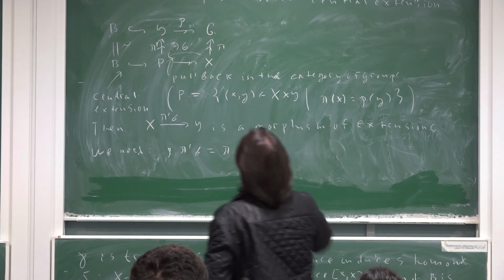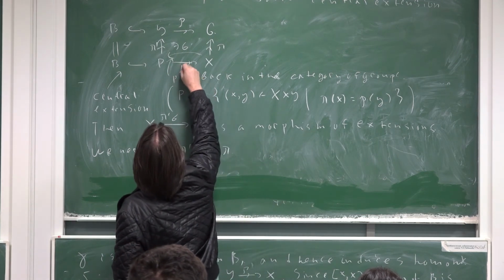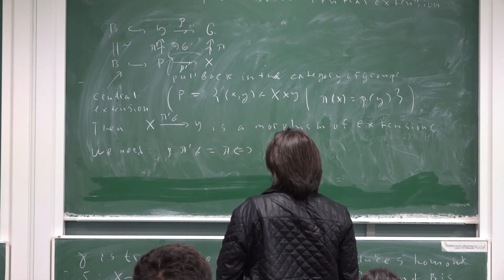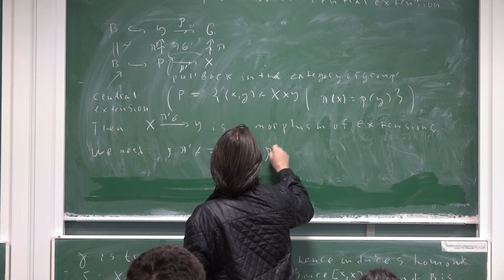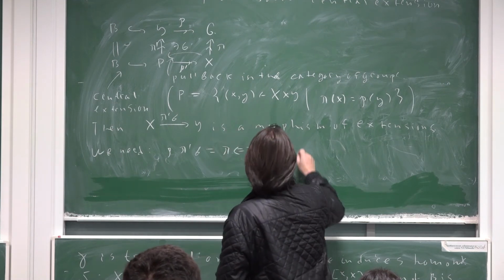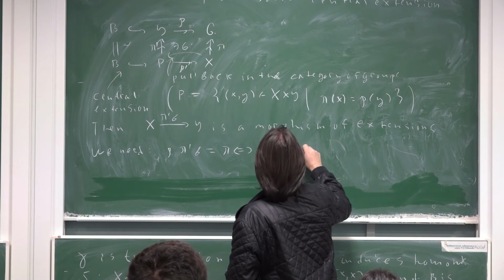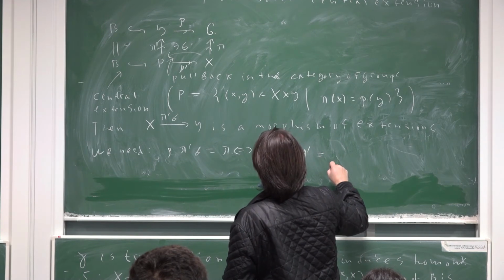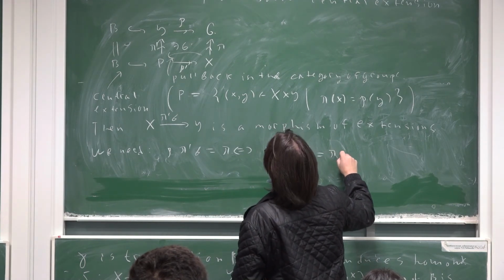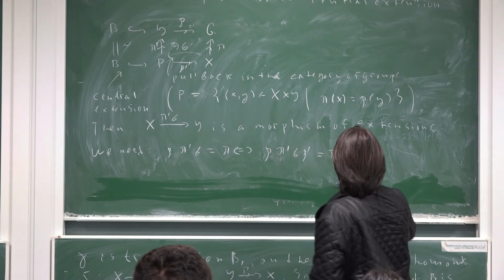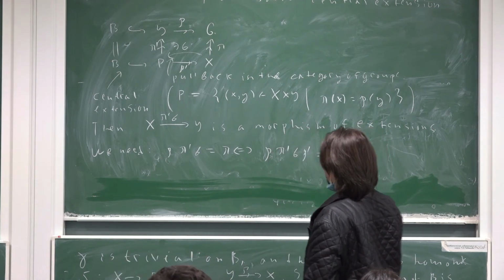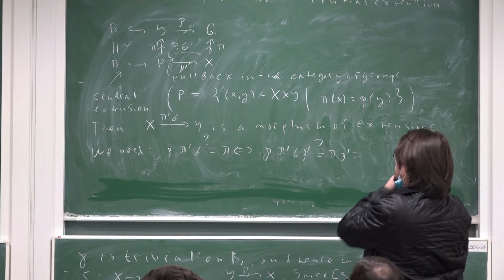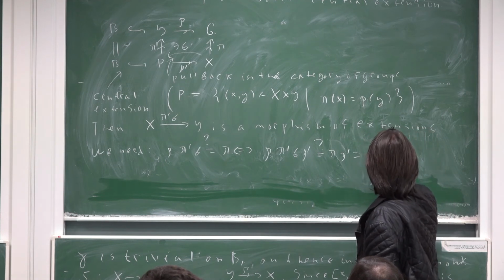Yes, it is equivalent to the fact that rho pi prime sigma rho prime is equal to pi rho prime, which is by the commutativity simply pi prime rho pi prime.